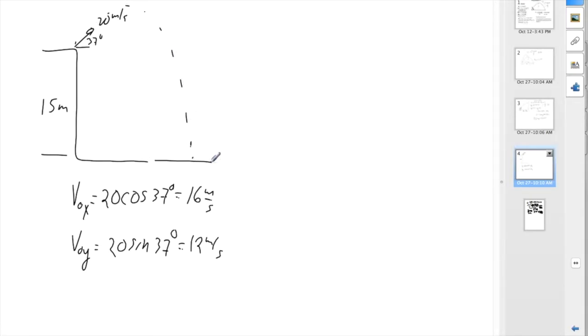In the previous problem, we knew a distance in the x direction. In this problem, we know a distance in the y direction. So I'll use y equals y0 plus v0y t plus 1/2 a t squared, and plug in the numbers that I know.